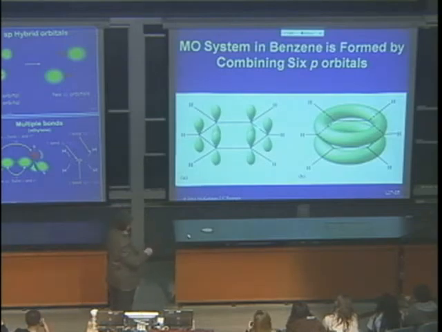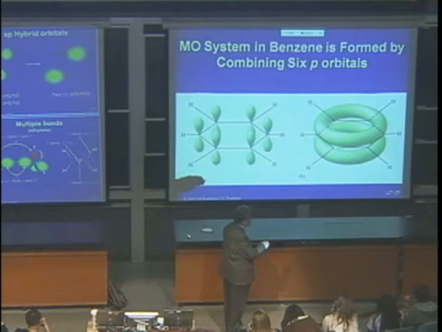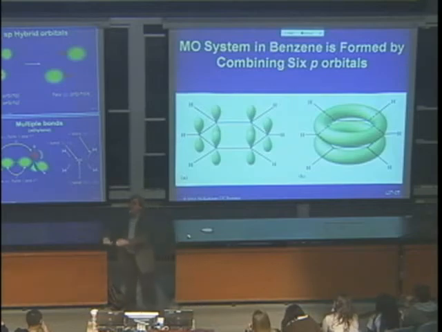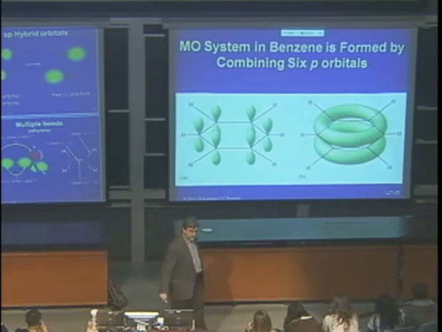And so now they overlap constructively, and they form a pi bond. You remember the sp2, you had the sigma bond here, and then you have a pi bond on top. And this bond is delocalized. It's smeared all over the molecule. We call this delocalized electrons. So there's like a halo of electrons around.